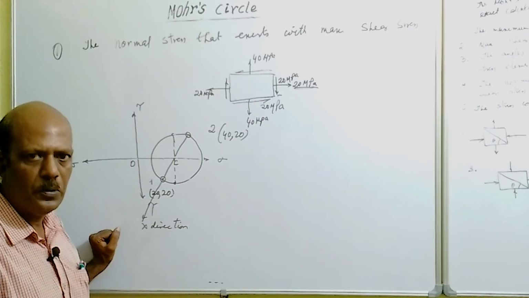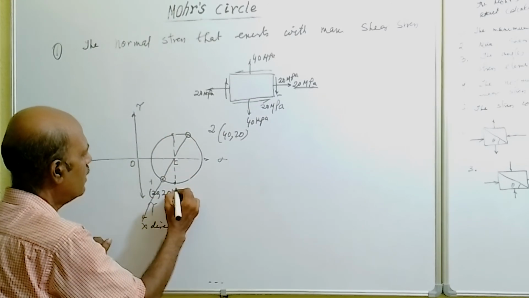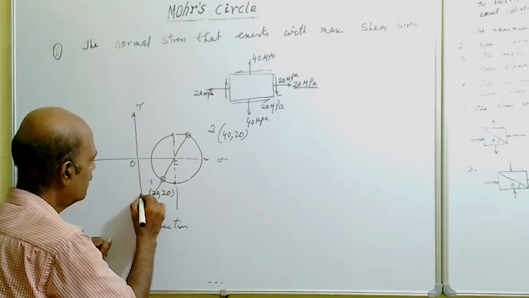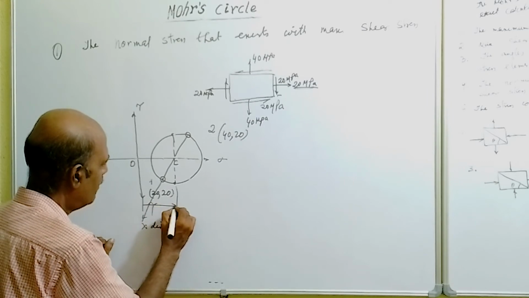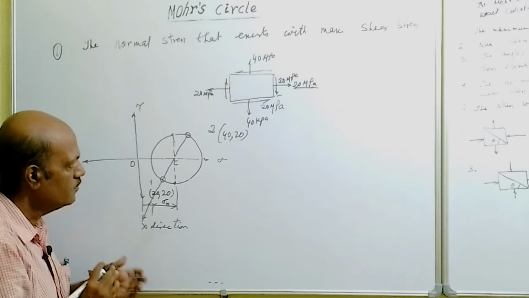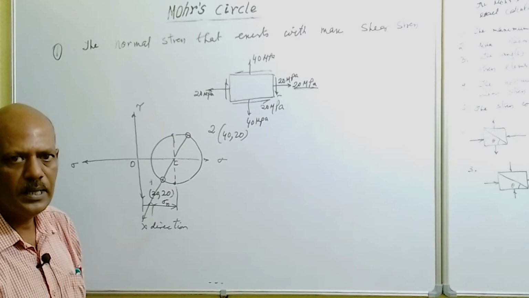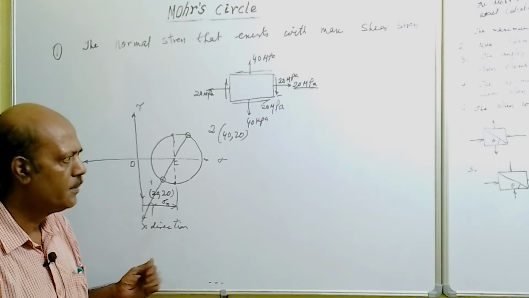So, that we know. Now, at this point, what is the normal stress? This is the normal stress acting along with the maximum shear stress, that is sigma n. Is it clear? I hope it is clear.